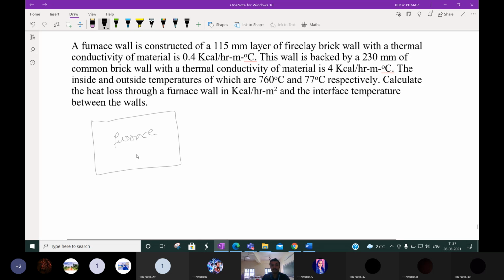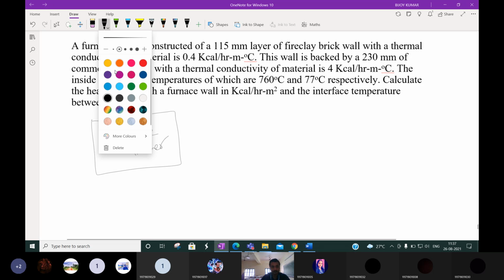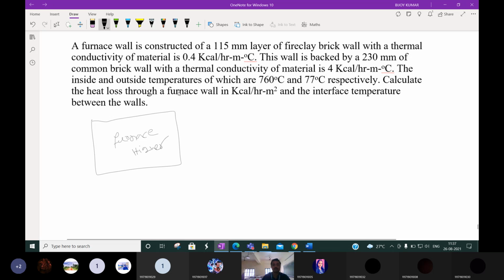So the furnace temperature is generally higher, and outside, where the worker is working, the temperature is lower. We generally keep the furnace temperature at around 1500 or 3000 degrees centigrade.